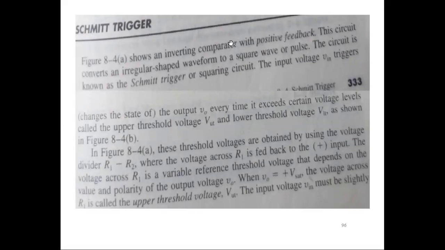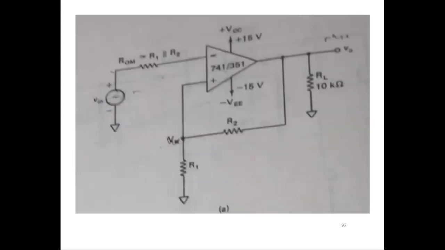And such a mechanism is known as the Schmitt trigger. Now, how does this Schmitt trigger look like? It looks like this. Now, try to differentiate this with a basic non-inverting amplifier.